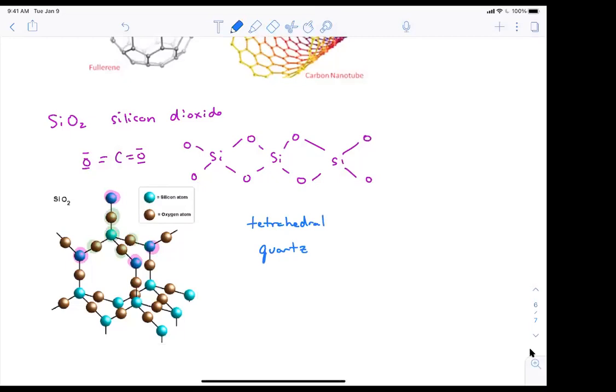And that's kind of what makes up a lot of minerals and stuff like that. Not as hard as diamond, but fairly difficult to break. A common question that I've seen multiple choice ask a lot is to compare the bonding in CO2 versus SiO2.